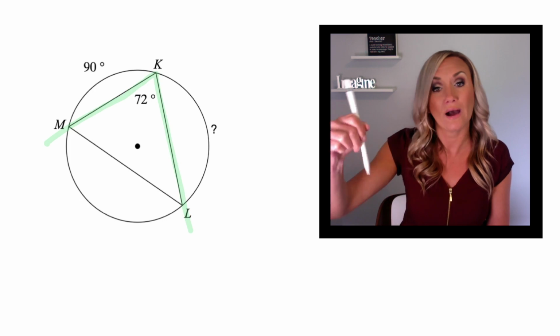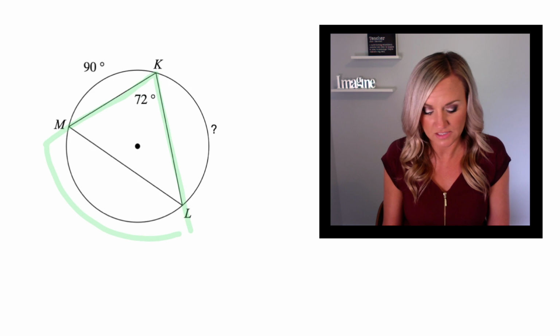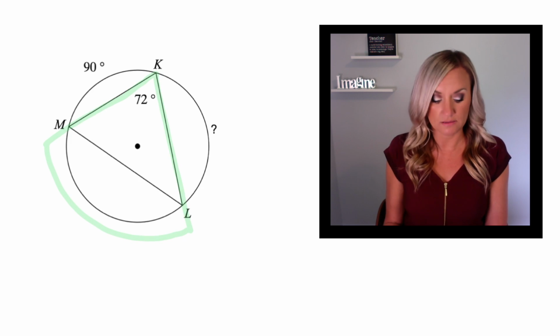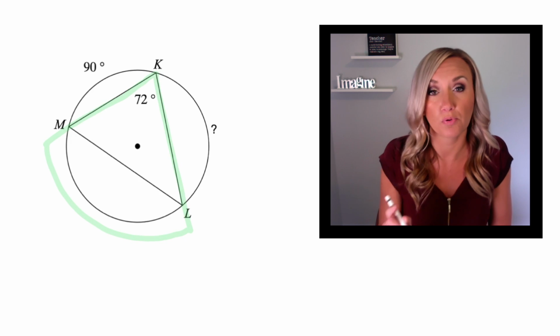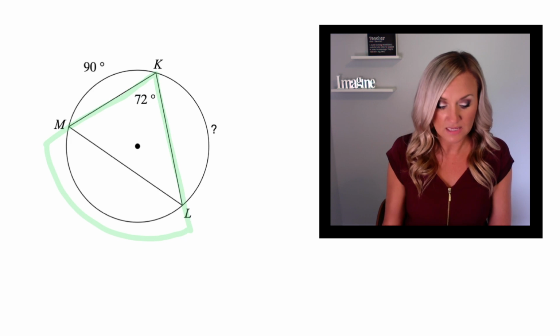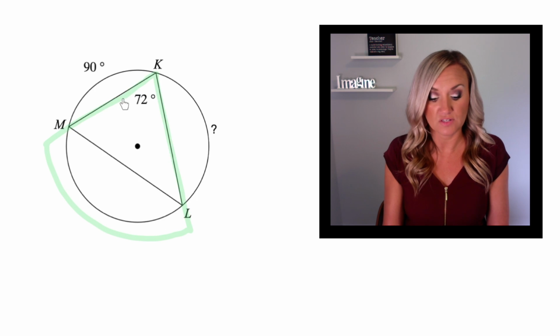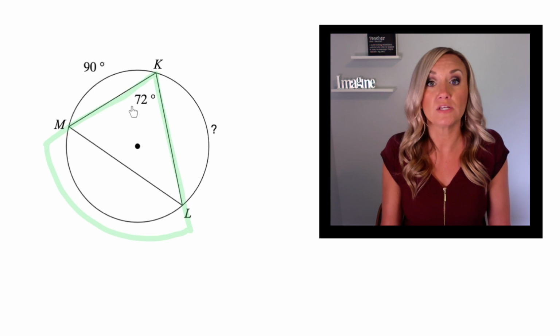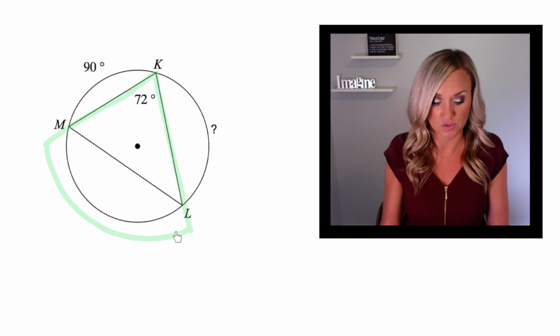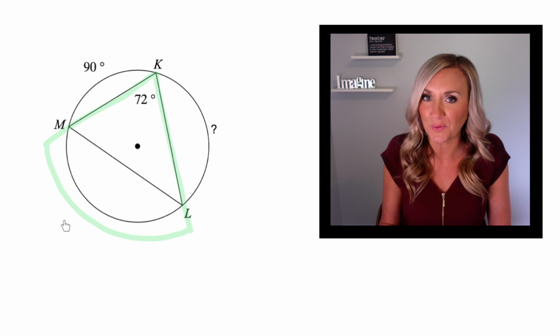And notice I go outside of that circle as well. And then I connect it, which means there is a beautiful property that happens with inscribed angles. It means that if this inscribed angle is 72, we're going to double 72 and it will give us this arc. That's a really cool property.